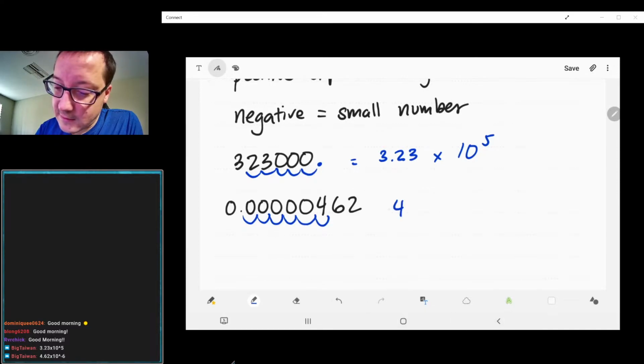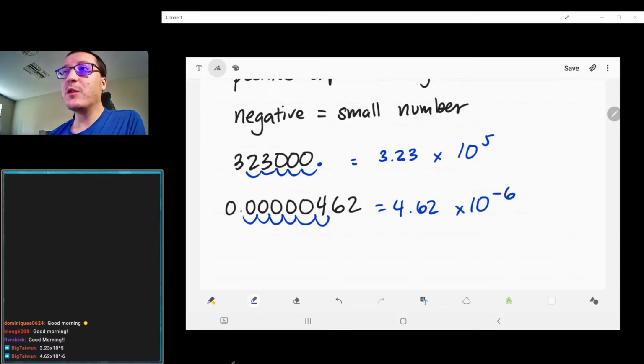So that tells us we have 4.62 times 10 to the negative 6. Remember, if you're moving your decimal for a small number, it's going to be a negative exponent. If it's a big number, it's going to be a positive exponent. You can think about it in terms of left and right, whatever works for you. That's how you would do it. But for us... I just like to think of it big number, small number, so easy enough.